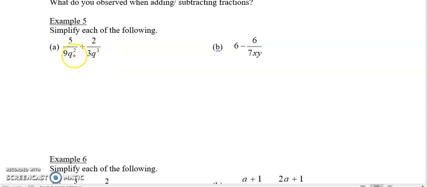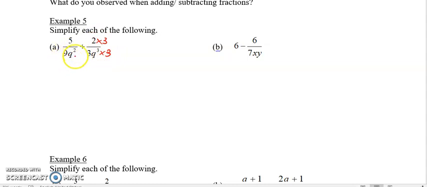For the second fraction, we have a 3, so we can multiply by 3. 3 times 3 will give us 9. On top we've got to multiply by the same number, so this will make the denominator 9q cube.